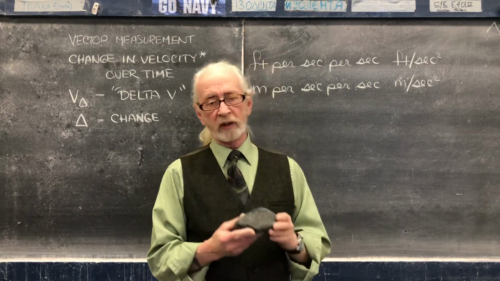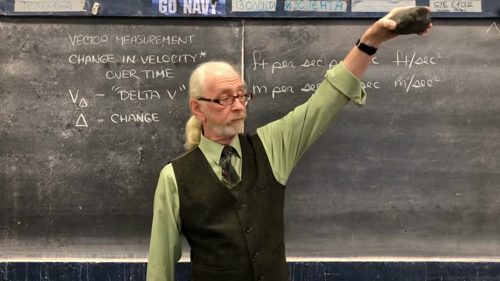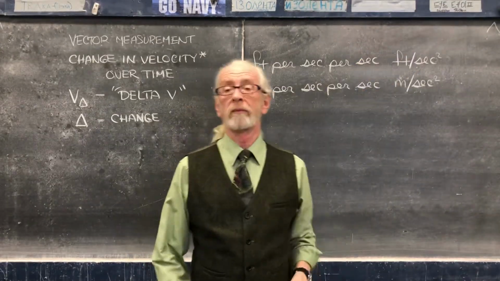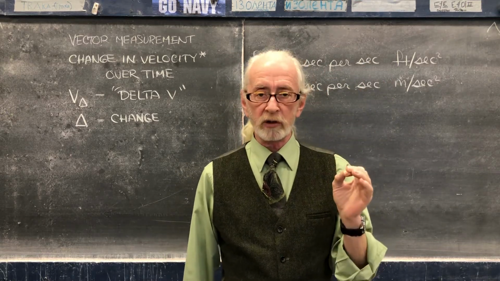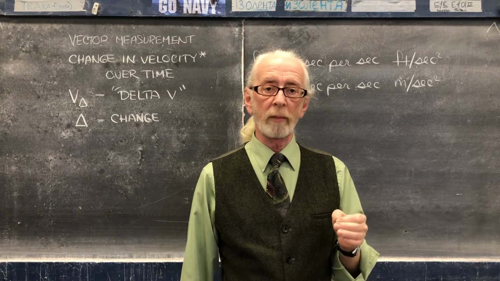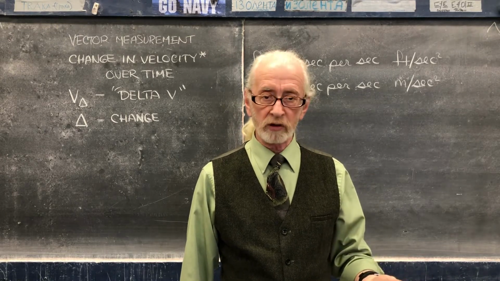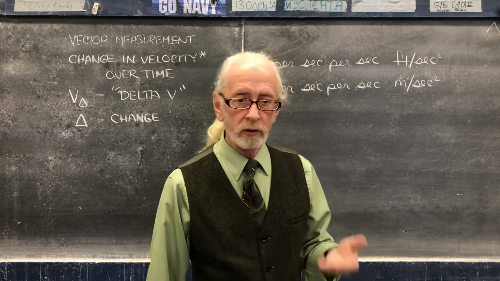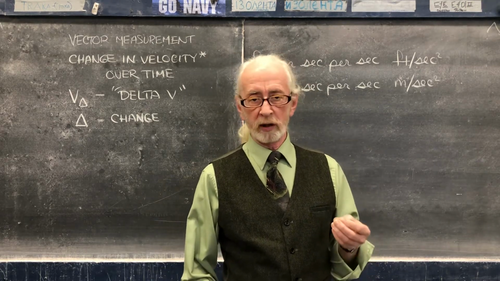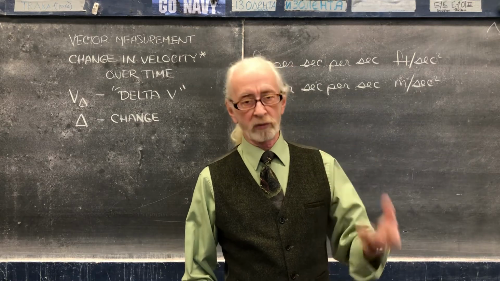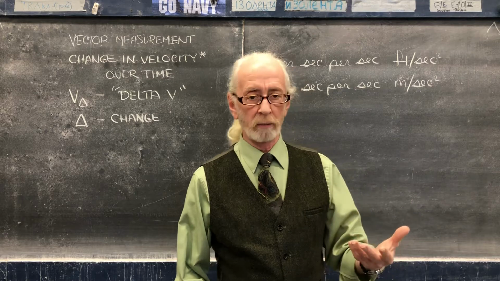Well, it means that if I take the laboratory rock to a tall enough building or a tower and drop it, it will start with an initial velocity of 0 feet per second, but after 1 second of dropping, it will have accelerated up to 32 feet per second. And then after 2 seconds of free fall, it'll be up to 64 feet per second. And after 3 seconds, 96 feet per second, and so on.